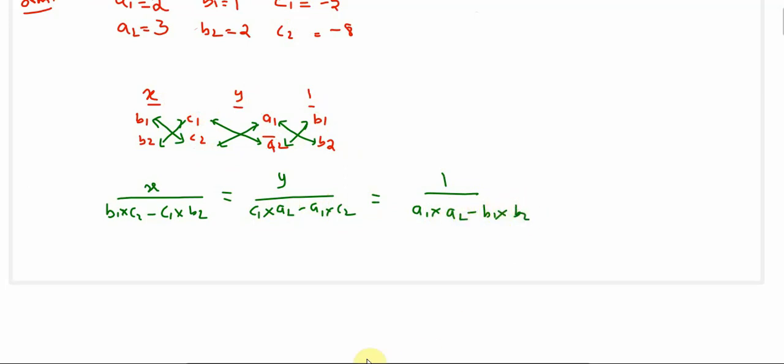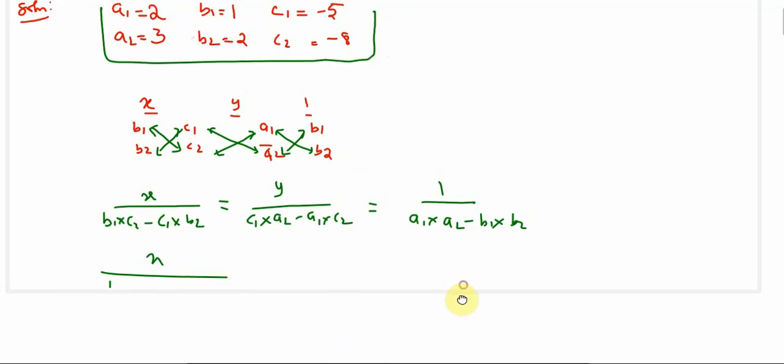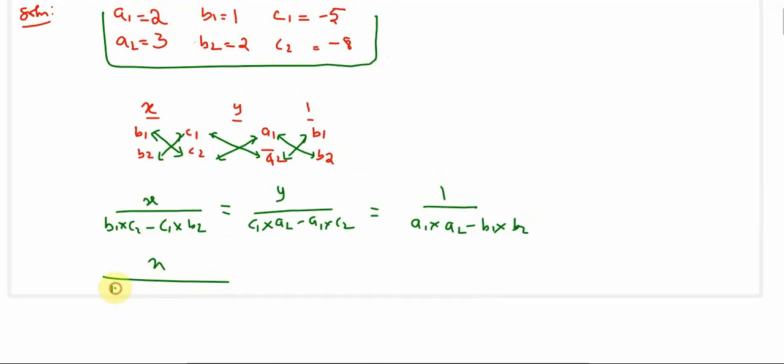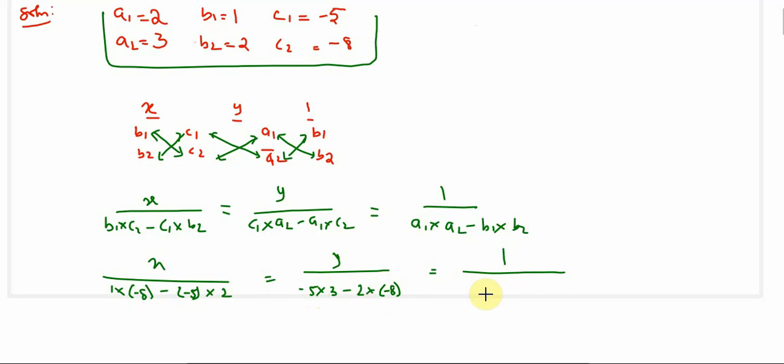Now we'll apply the values. For b1, what is the value? b1 is 1, so use this information out here. Be careful with the sign. c2 is equal to minus 8, minus c1 is equal to again minus 5. This minus is from the formula, this minus 5 belongs to c1, into b2 is again 2, equal to y by c1, where c1 is minus 5, a2 is equal to 3, and a1 is equal to 2, into c2 is equal to minus 8, equal to 1 by a1 into a2.